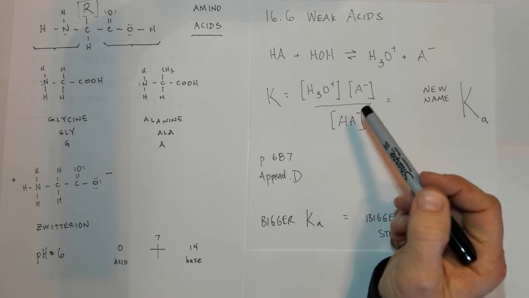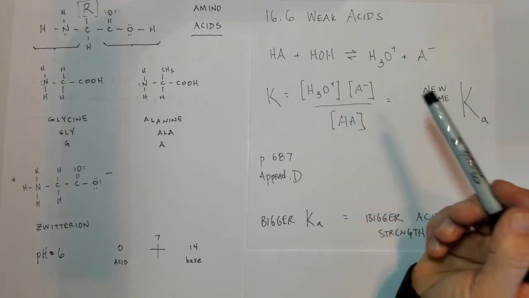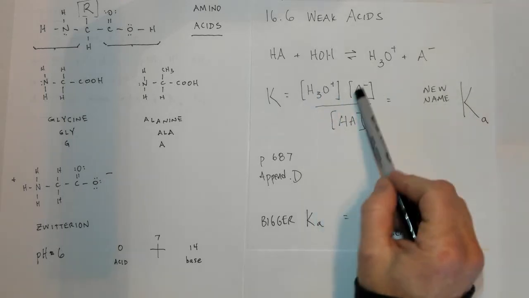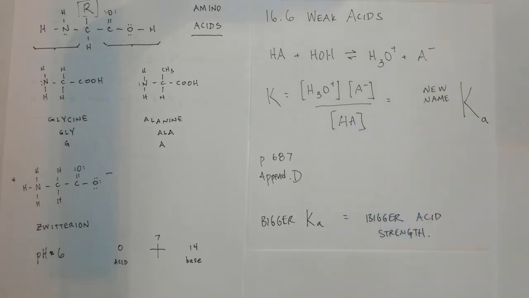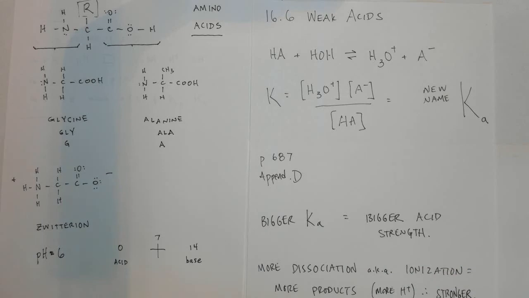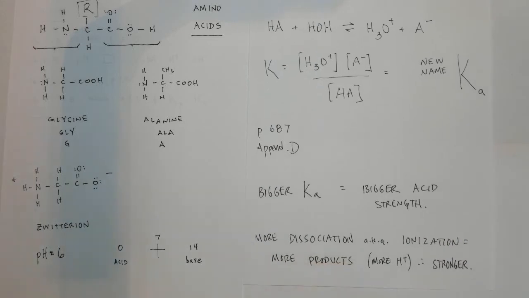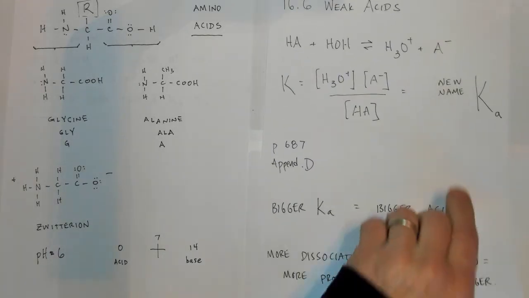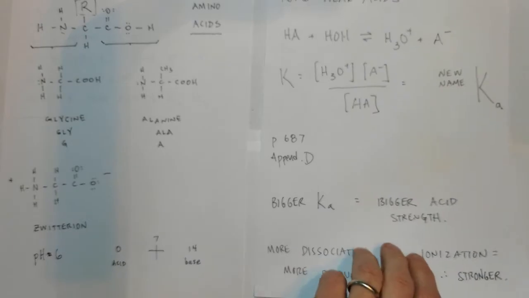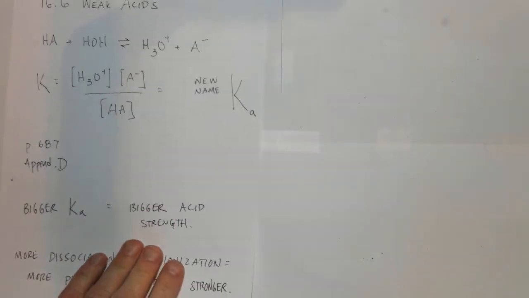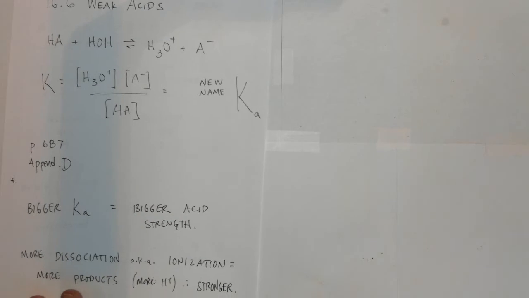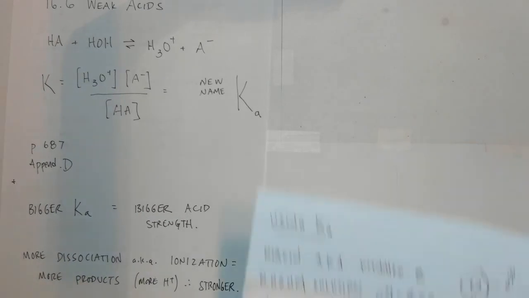For things like weak acids or bases, though, the number is usually much smaller up here than on the bottom, and you usually get like 10 to the negative 3, 4, 5, 6, 7, 8. The more dissociation, aka the more ionization, the more products you get, and therefore the stronger the acid or the base. And so Ka, or Kb as we'll learn, are good ranking scales for how strong or how weak an acid or a base is.